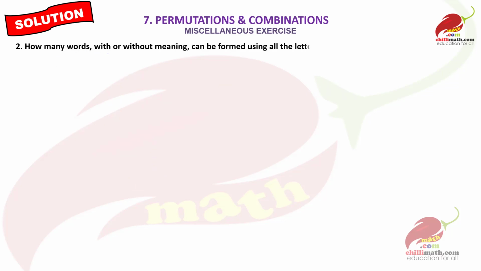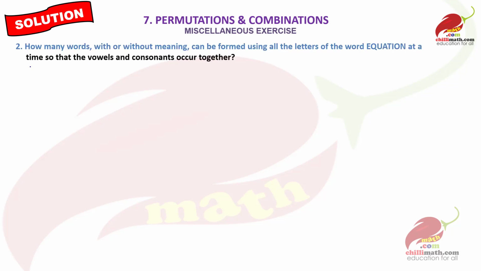Second question is, how many words with or without meaning can be formed using all the letters of the word EQUATION at a time so that the vowels and consonants occur together? Again, writing vowels and consonants separately: E, Q, U, A, T, I, O, N. So we have 5 vowels and 3 consonants.